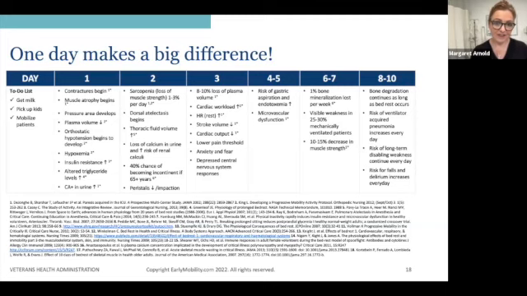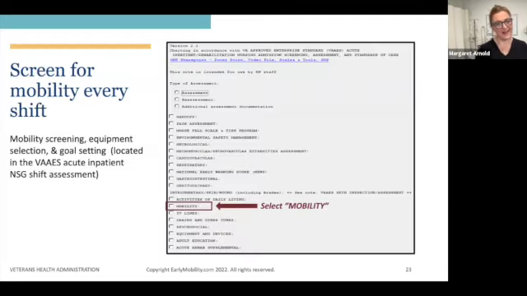We have to figure out how to keep them functionally independent and what equipment we need to use to help them do that. Now we're going to take a look at your documentation of mobility. This is a screenshot of the VA AES mobility documentation note and is found in the nursing admission assessment and the daily shift assessment.